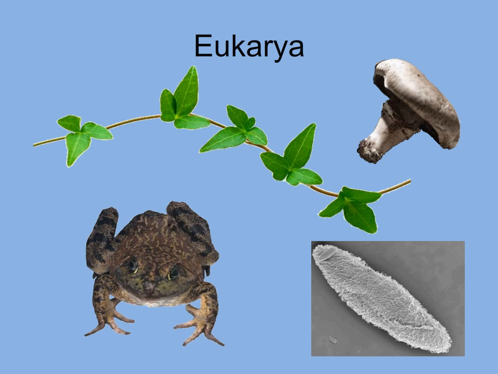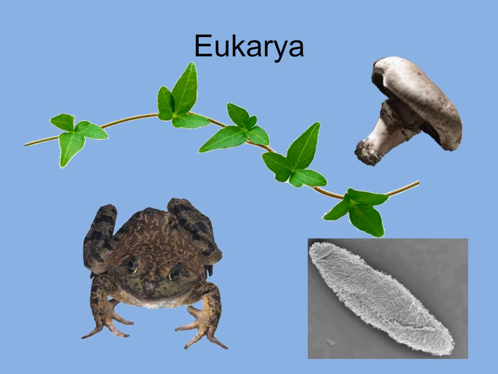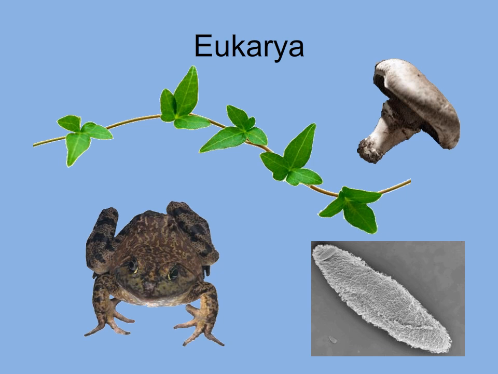Other than bacteria and archaea, all other organisms are composed of eukaryotic cells. So all plants, like this ivy, fungi, like this mushroom, animals, like this frog, and protists, like this paramecium, are in the domain eukarya. Organisms in each of the domains are grouped into various taxa based on their similarities.